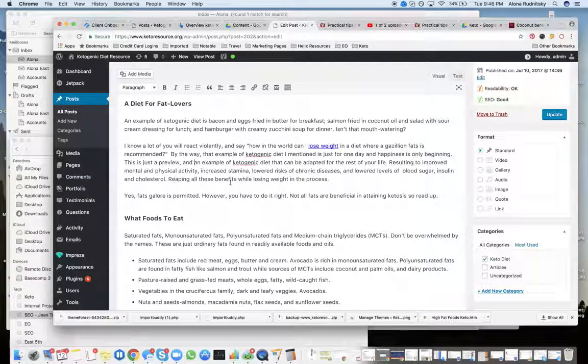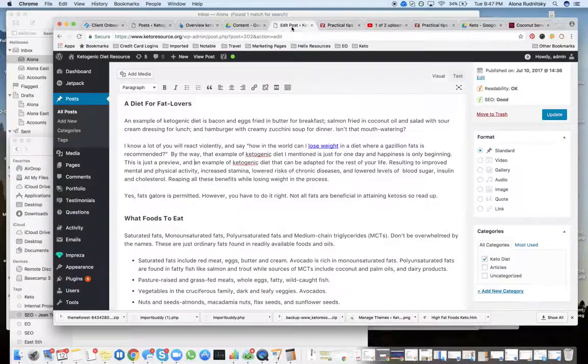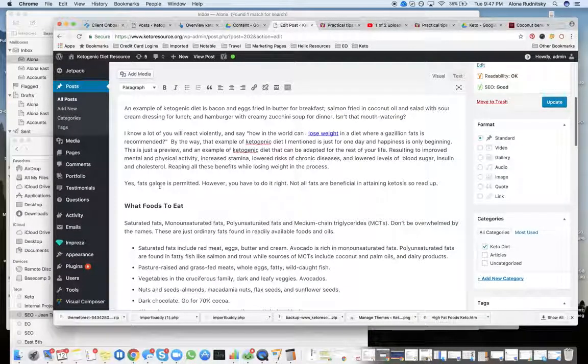Reaping all these benefits. So let's see, maybe as a result, same, less, rather, yet, while.